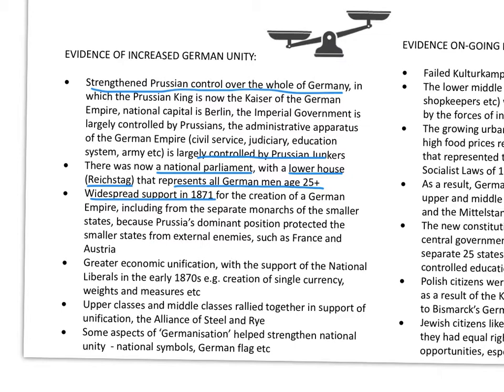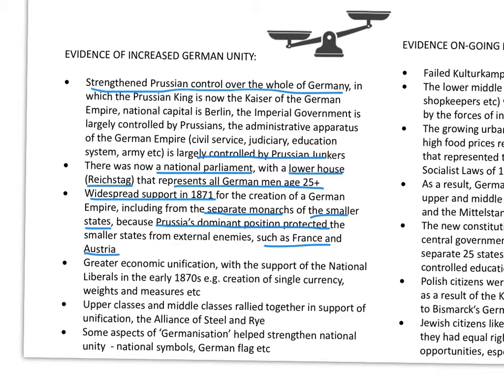In particular, that support comes from the separate monarchs of the smaller states, who voluntarily gave over to Prussia the position of being their protector, because of course Germany came into existence because the separate small German states were threatened by invaders: France in 1870-71 and Austria in 1866. So there was that recognition that we need Prussia to be the glue that's holding us all together, to make us more secure.